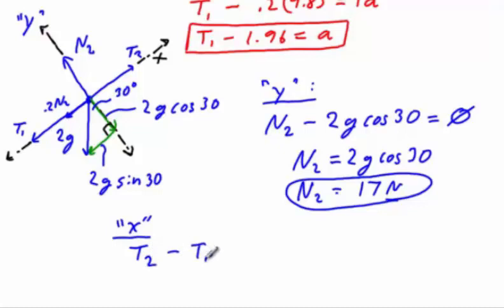There's T1, there's the frictional force, which is going to be 0.2 times the 17 newtons that we got in the previous calculation, and finally, there's going to be 2g sine of 30. Well, sine of 30 is a half, and so twice a half is 1, so that's going to be minus another 9.8 newtons. And the sum of the forces in the x direction is equal to m, which is 2, times a.